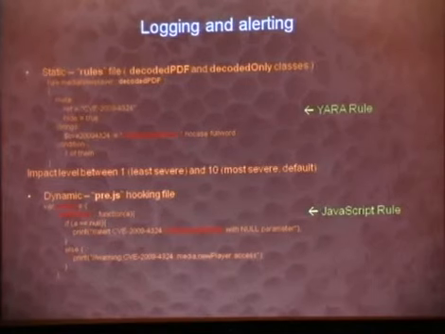So there's another type of rule that is necessary to detect these things, and that's a dynamic rule. And this is JavaScript. Basically, we're creating the object which will execute once the JavaScript actually executes.